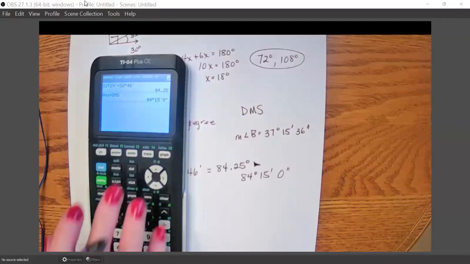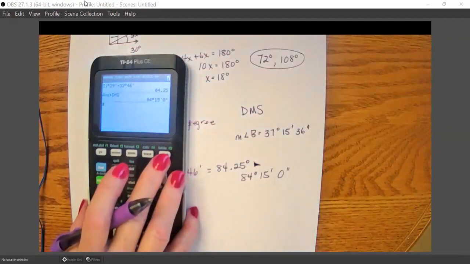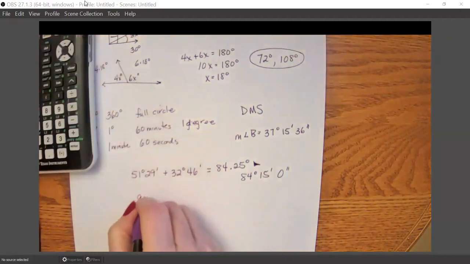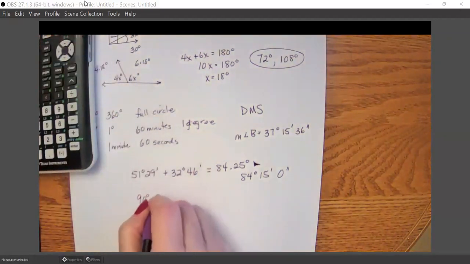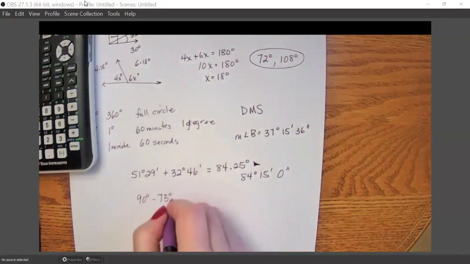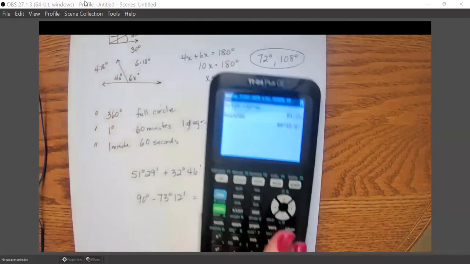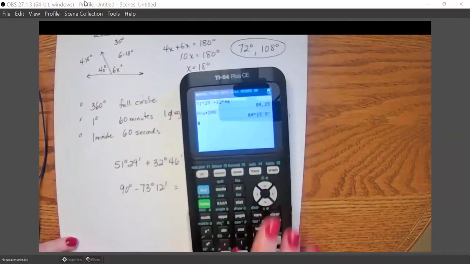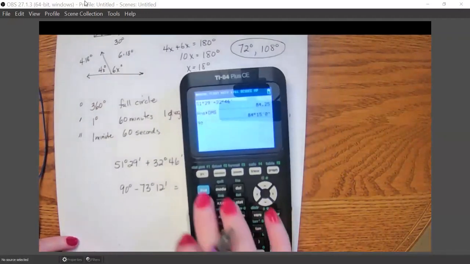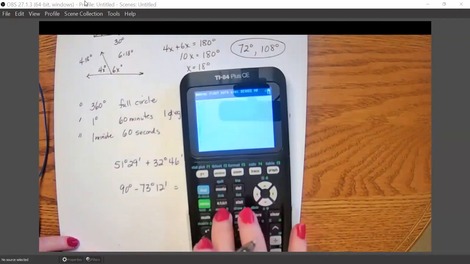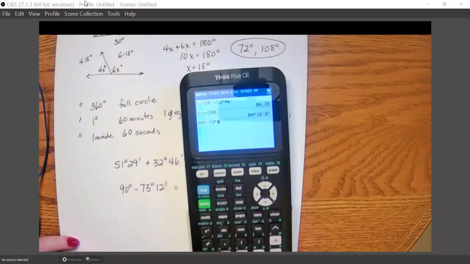So we can do angle addition or angle subtraction. Example 3b says, what is 90 degrees minus 73 degrees, 12 minutes? So I'm going to come here to my calculator and I'm going to do 90 degrees, and then I'm just going to subtract 73 degrees, 12 minutes.